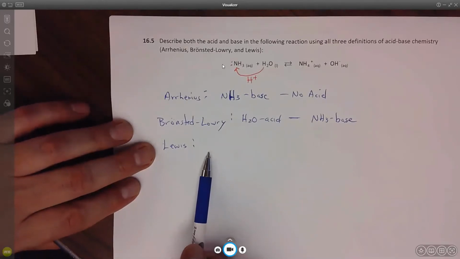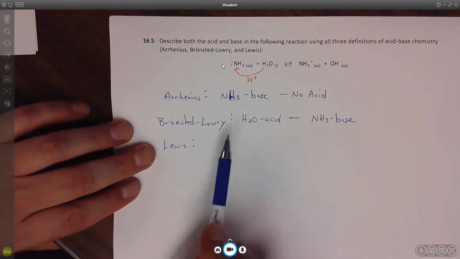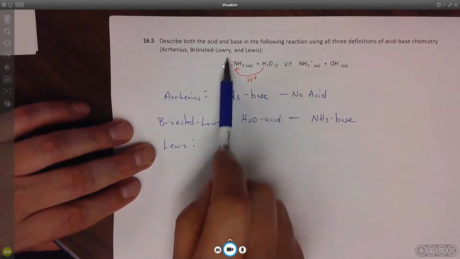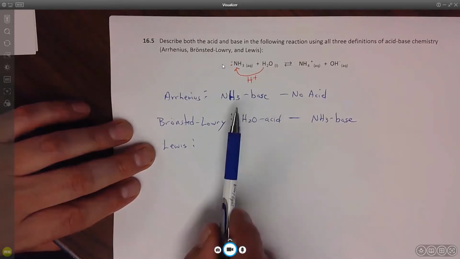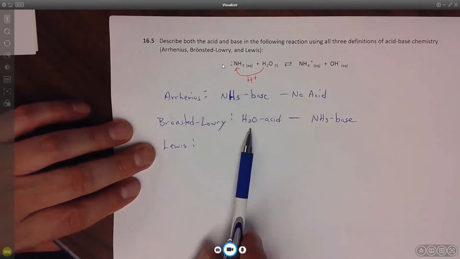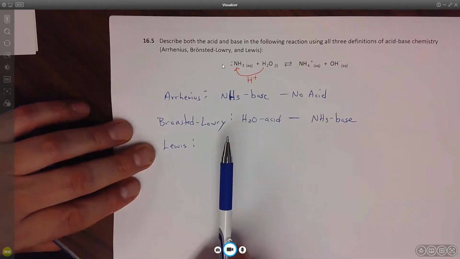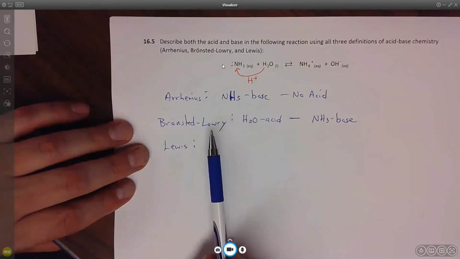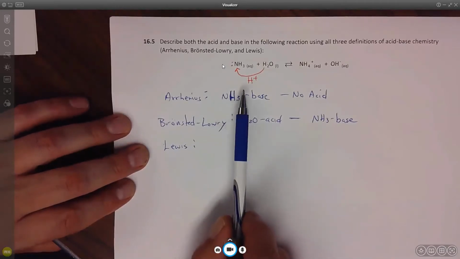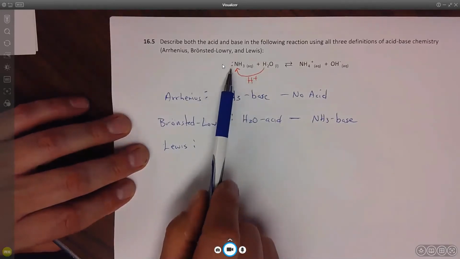So it'd be the NH4. No, we're talking about the reactants here, right? So what accepted a pair of electrons to form a bond? The NH3 donated the pair of electrons.